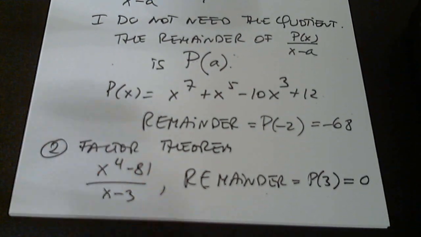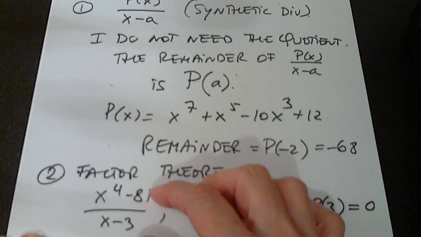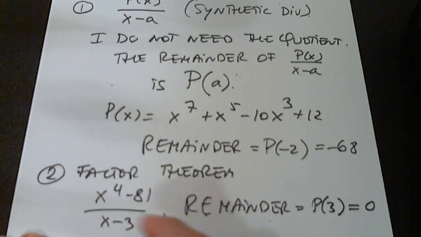So notice that it's the same setup when the synthetic division is applicable. The remainder of this division, like before, is p of 3, this polynomial evaluated at 3. 81 minus 81 is 0.